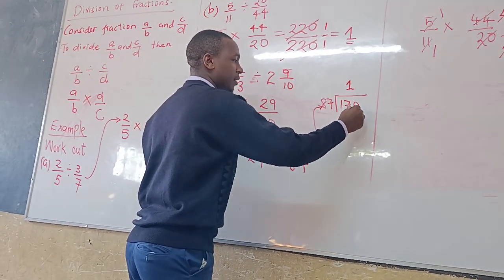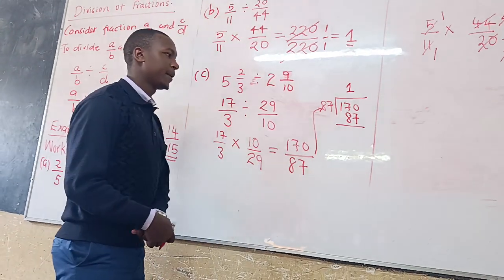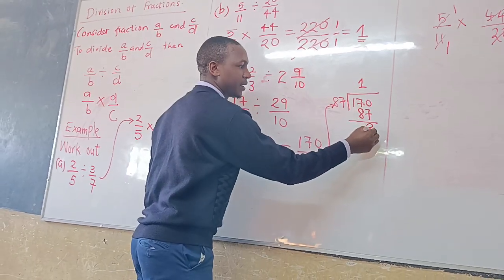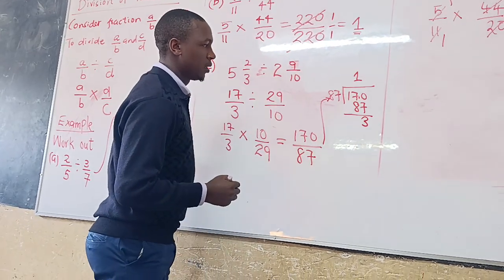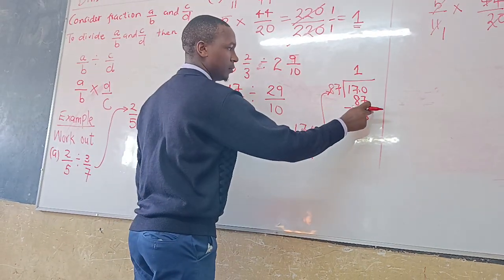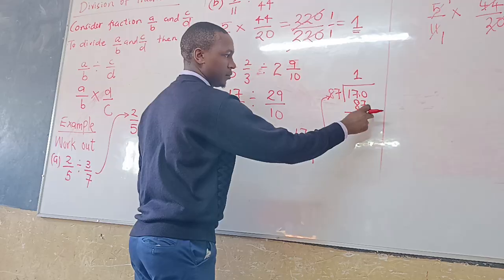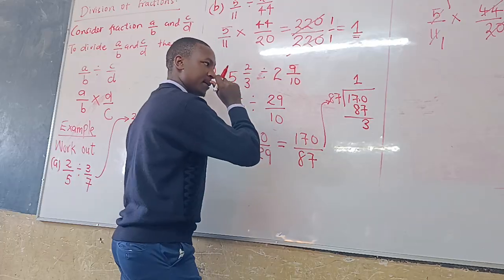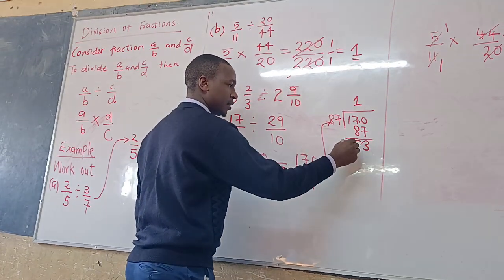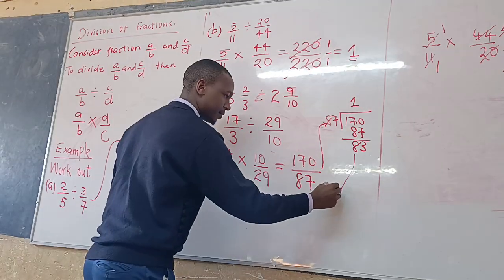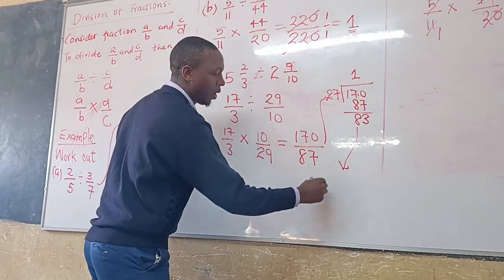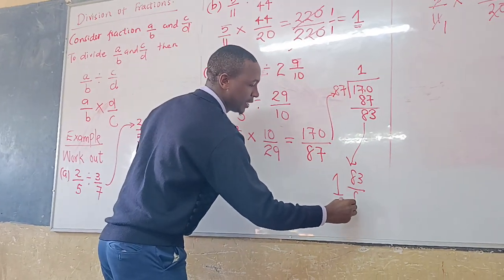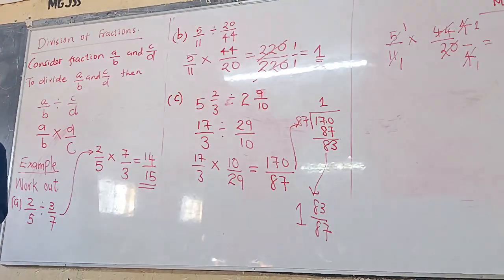Inabaki ngapi? 170 minus 87 leaves 83. So the final answer is 1 whole, and the remainder is 83 out of 87. Are we there? Yes. Very good.